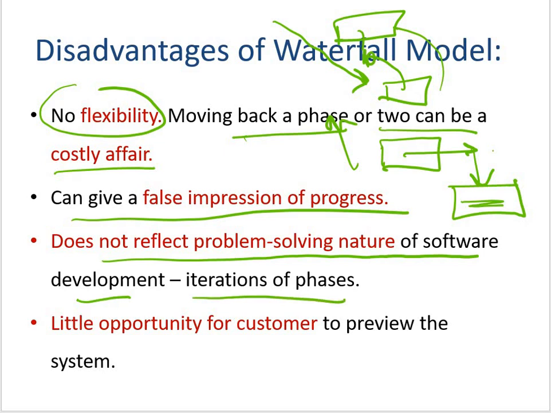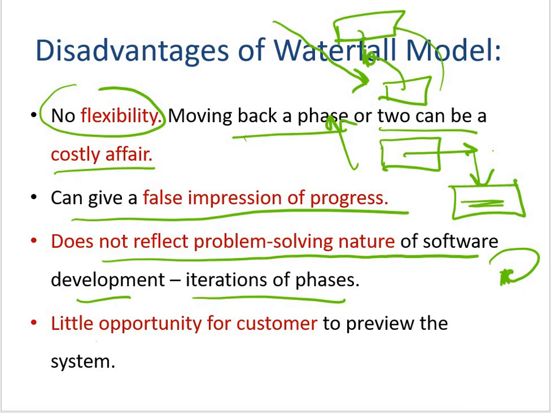That means I need to iterate and reiterate phases. That's what you do in your labs. If you have a data structures lab and find errors in your code, you identify them and bring some changes. That means testing is done, bugs are identified, and then once again you bring some changes to the application. But that's not possible in this particular case.